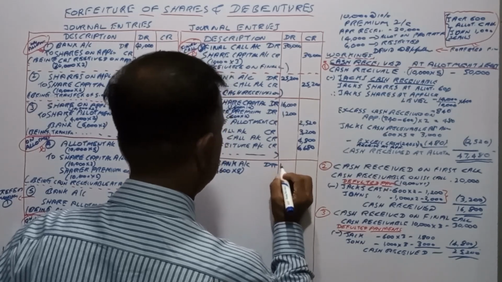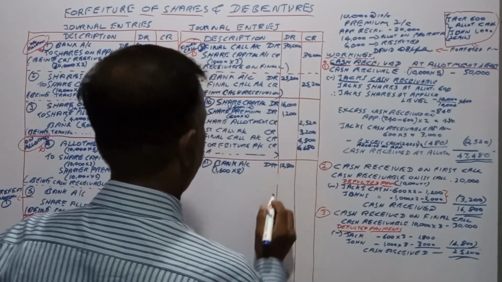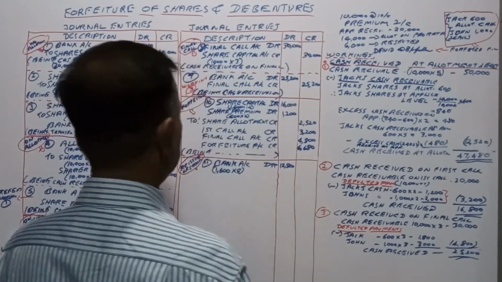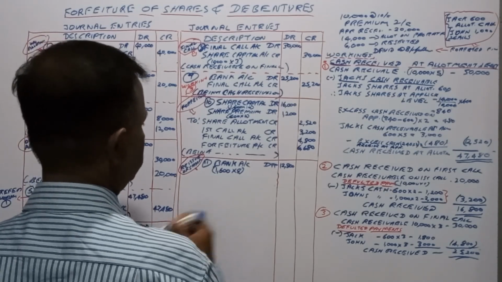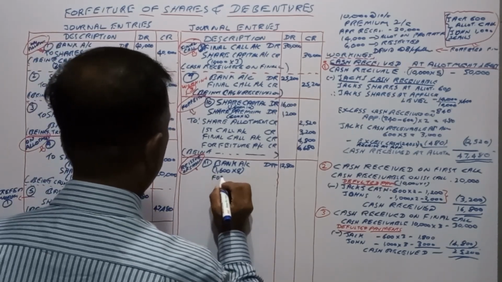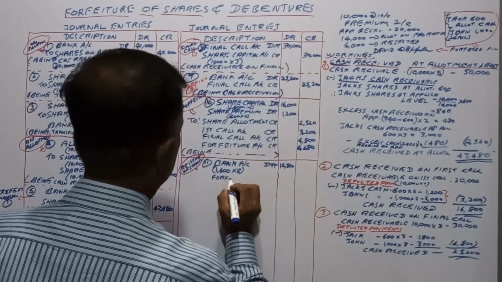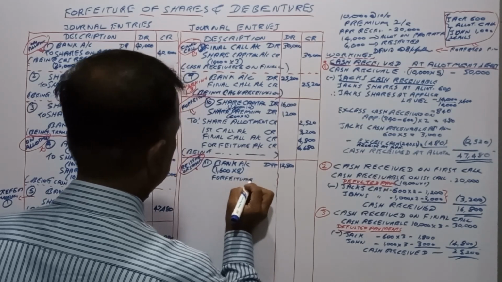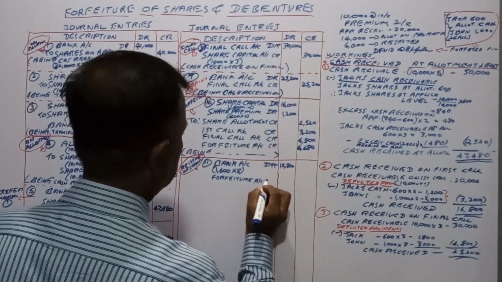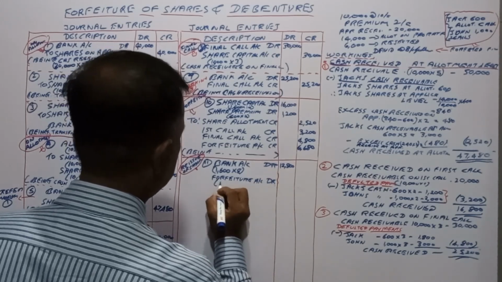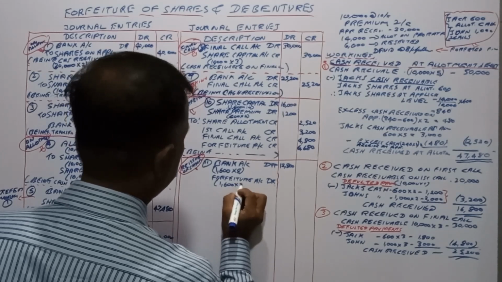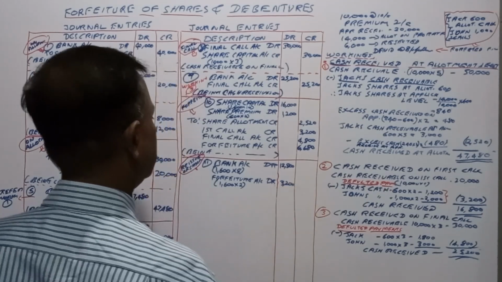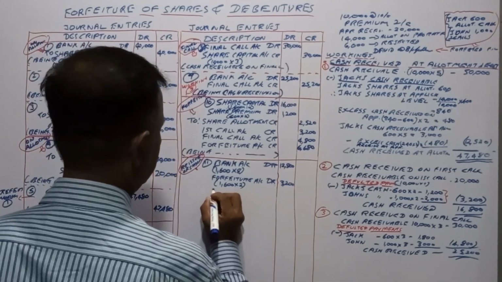Bank account is 12,800 only, so the remaining 2 rupees is lost for the company. So the 2 rupees we have to transfer to the forfeiture account. The forfeiture account is debited because 1,600 shares into 2 rupees is 3,200.